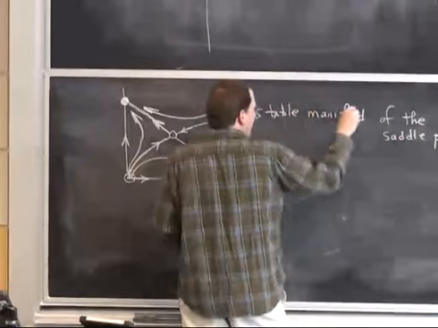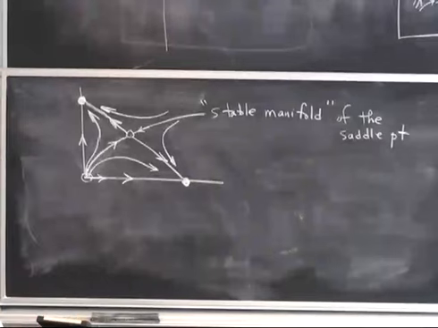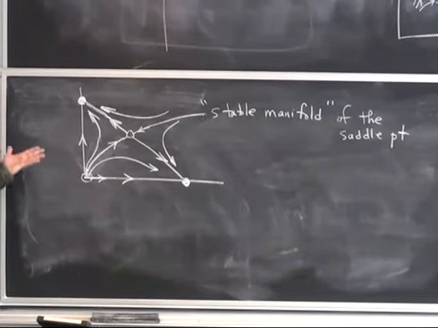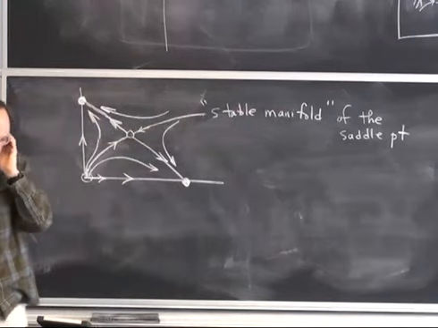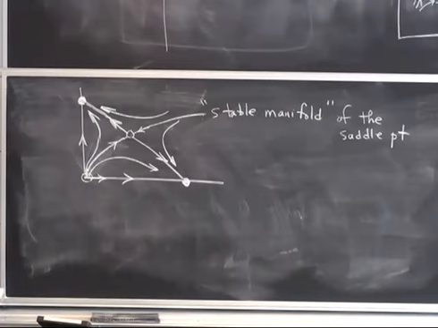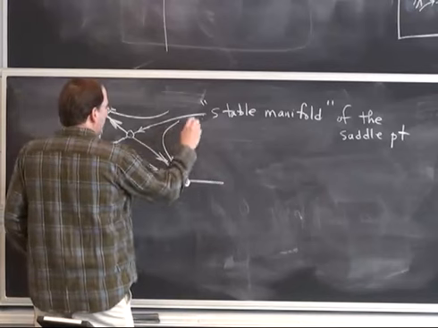You might think that's a bit fancy to refer to it as a manifold since it's just a curve. Yes, that's true. It is just a curve. But in higher dimensions, this thing might be a surface. So we keep the word manifold so that we don't have to change the word when we go to higher dimensions. But anyway, we've got this stable manifold of the saddle point. And notice that it sort of acts like a dividing line in the sense that anything that starts below it.